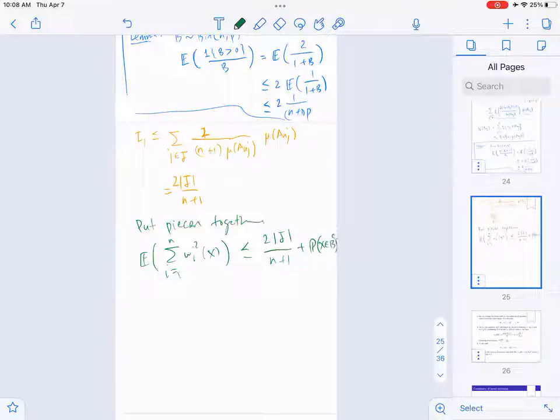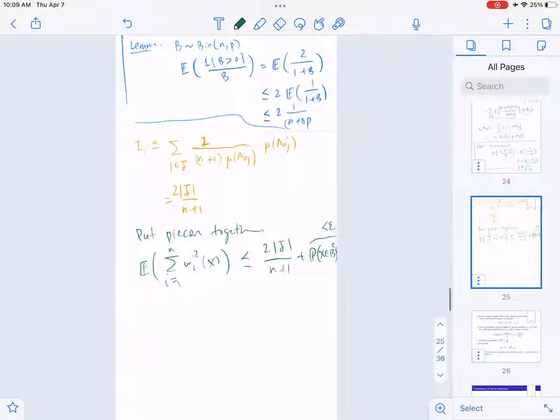Okay, because all the distributions on R^d are tight, I can just take B big enough so that this is less than epsilon for any epsilon that I want. Right, I can make it small enough by taking B big enough. And this one is by assumption.